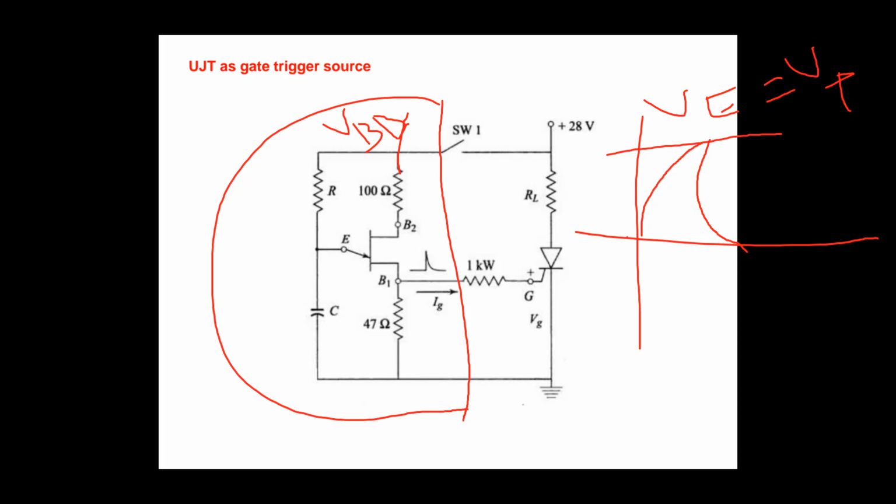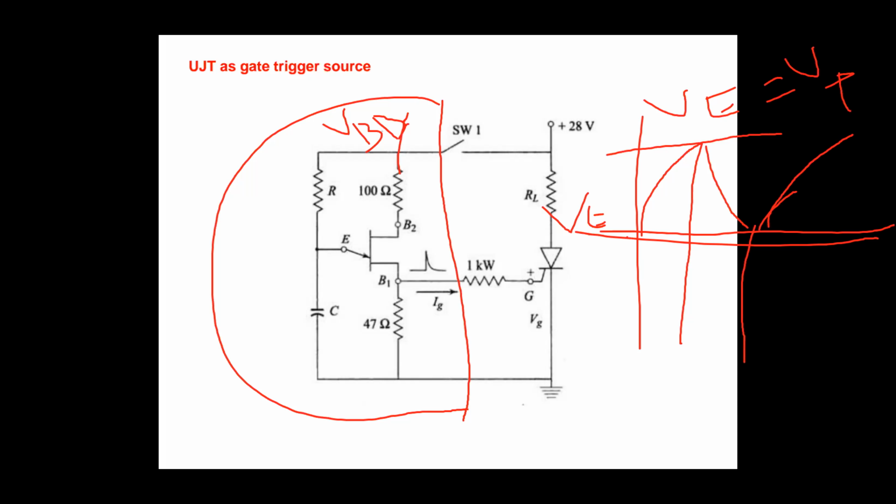So when UJT is turned on, the capacitor voltage reaches VE minimum, the emitter voltage reaches the VE minimum voltage somewhere here. When it reaches the VE minimum voltage, your UJT is going to be turned off and the capacitor will start charging.